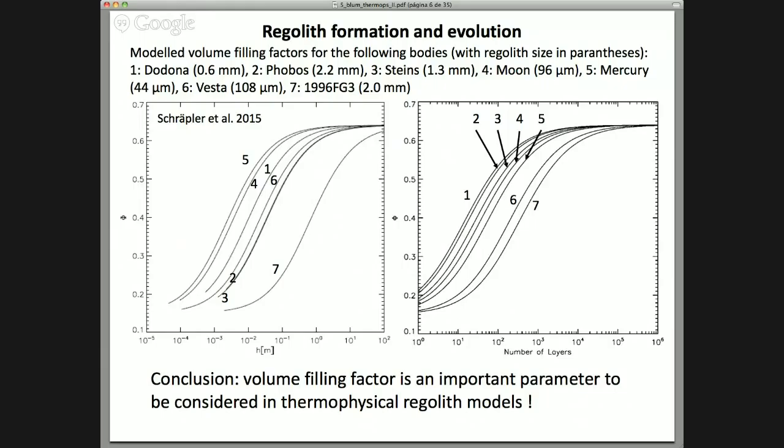The right plot is actually the same, but the scaling is different. The x-axis has changed from SI units to numbers of layers. So to better constrain and sort the different grain sizes, you also need several layers, several 10 to 100, so thousands of layers of grains before you end up at the closest packing.